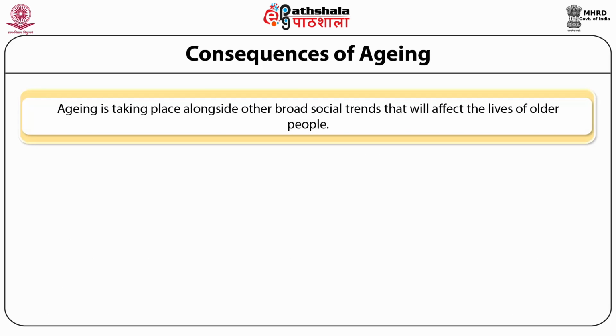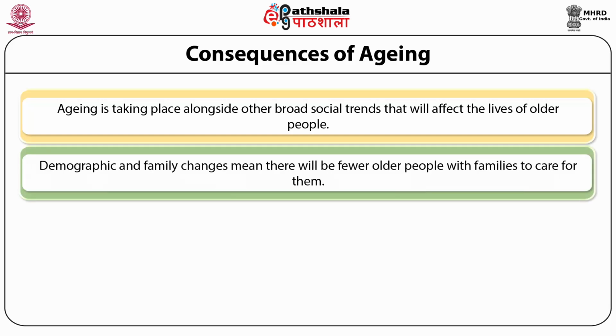Aging is taking place alongside other broad social trends that will affect the lives of older people. Economies are globalizing, people are more likely to live in cities, and technology is evolving rapidly. Demographic and family changes mean that there will be fewer older people with families to care for them.